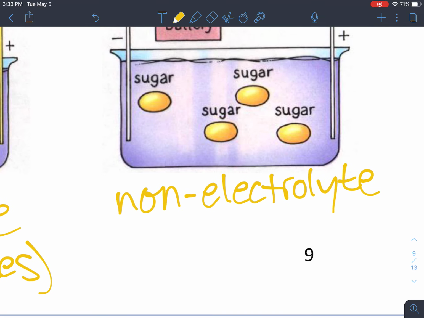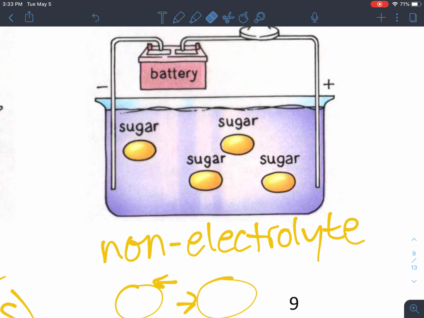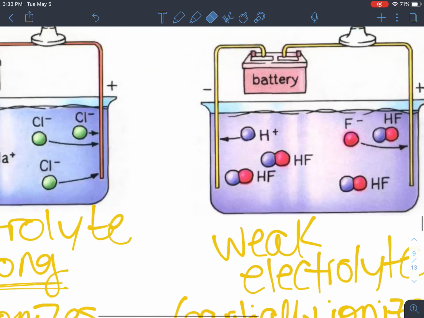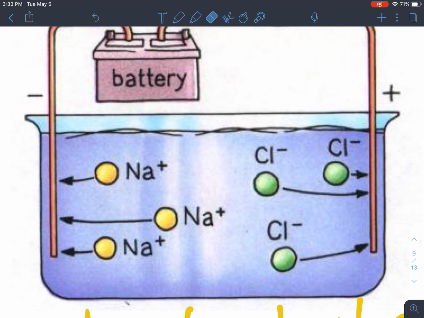And what's happening when sugar dissolves is that the sugar molecules separate from each other, but the molecules themselves do not. So you don't ever end up having positive and negative ions that are in the water. You still have full sugar molecules. The molecules are just separated from each other. Versus over here, you actually had the ionic compound divide up into separate ions.